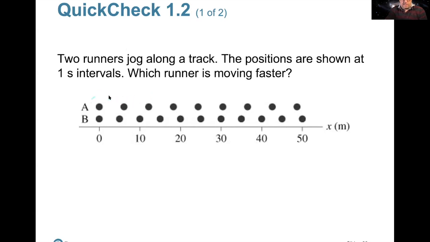And so this is a motion diagram. We've made a model, which is a point. And instead of showing each of those runners, now we just have dots.